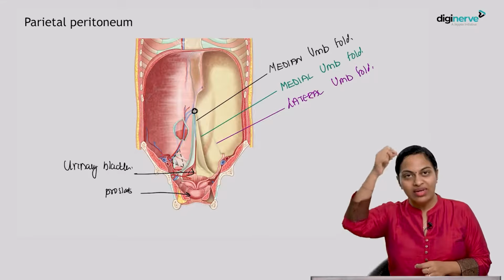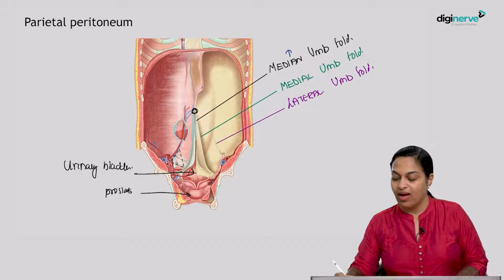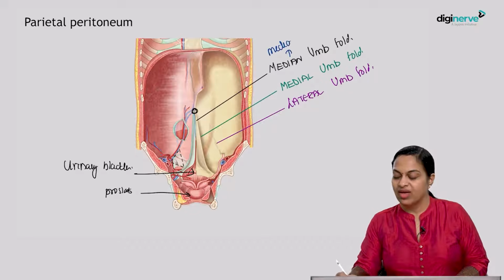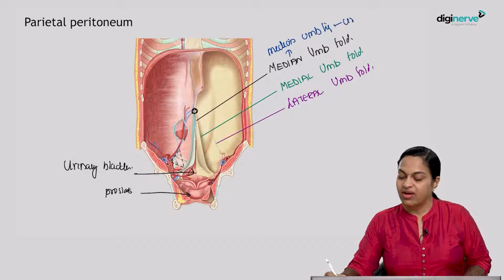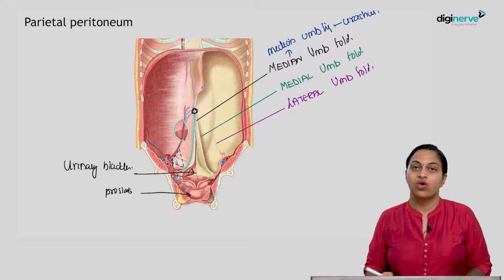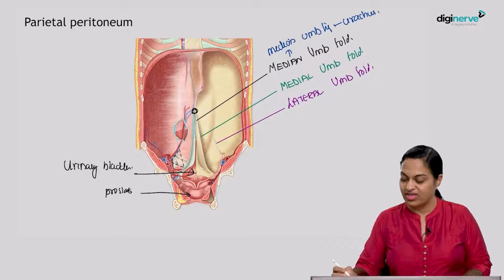So the median umbilical fold, what lies underneath it is the median umbilical ligament, which extends from the apex of the bladder to the umbilicus. It's nothing but the remnant of the urachus or the allantoic diverticulum. We'll be learning it in detail in our embryology session.